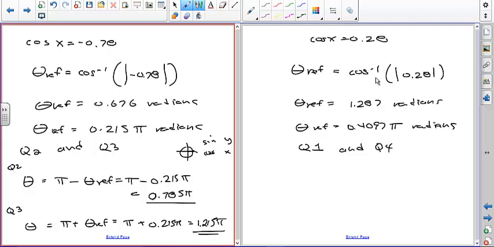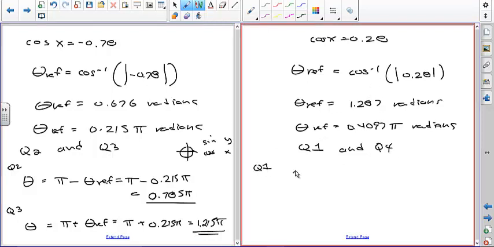And then over here, the first quadrant solution is just the reference angle. So theta is equal to the reference angle, which is 0.4097 pi. And my fourth quadrant solution is 2 pi minus the reference angle.